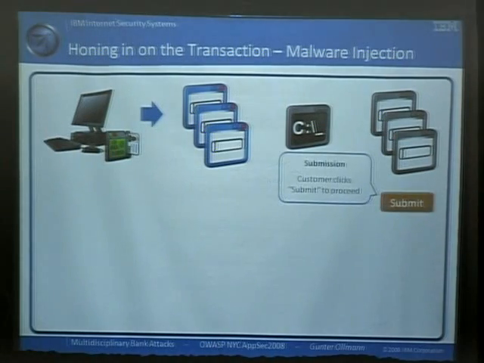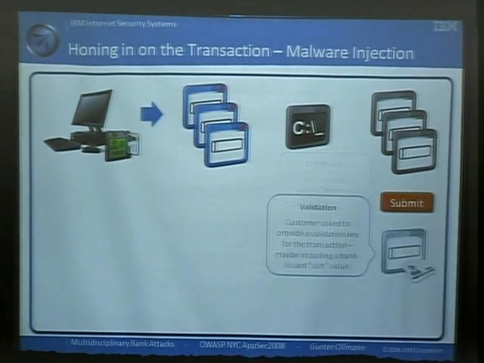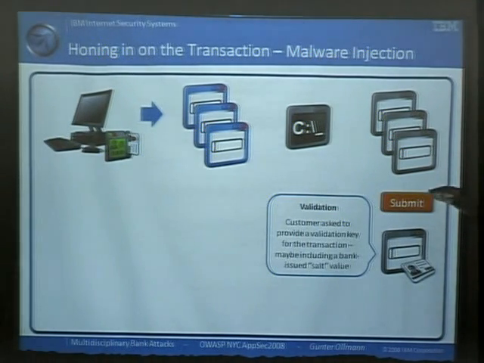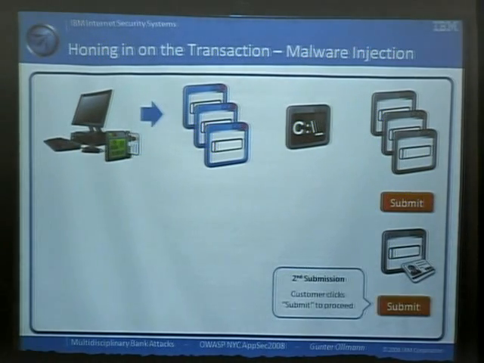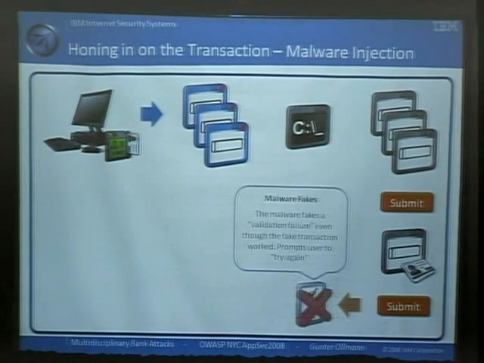So you go through the submit button. You then get a request for the validation. However, this submit button and this validation haven't come from the bank. The malware has actually created the fake submission button and the fake validation. So you enter the validation information, then you finally click submit, and it comes back with an error message saying, sorry, that didn't work. Okay, it hasn't sent anything to the bank at that stage.